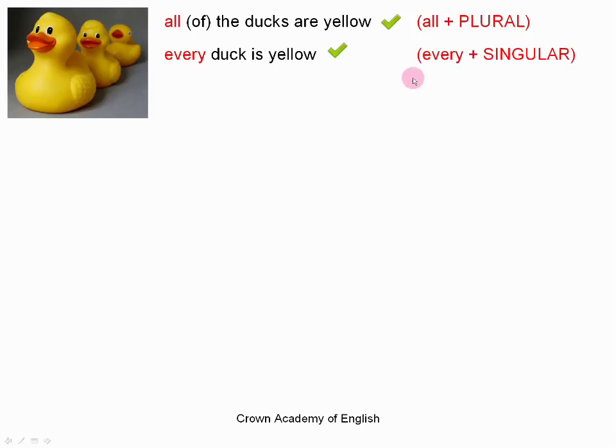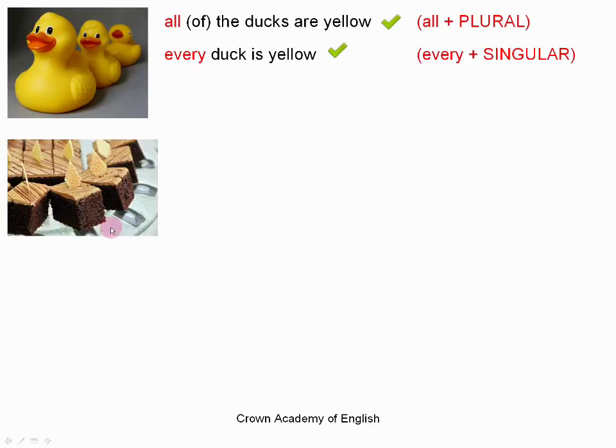Now let's look at 2 more examples. So here are some chocolate cakes. This cake is made of chocolate. This cake is made of chocolate. This cake is made of chocolate. So we can say all of the cakes are chocolate cakes. So all followed by the plural.